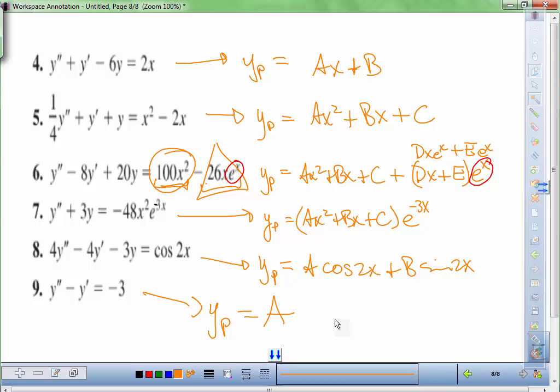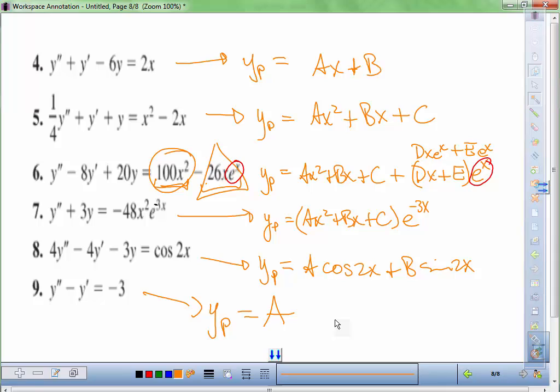We guessed what it is, and we went through the work to guess what it is. But if you just replace it with just one constant and go through the work, you'll be solving for this A like we would have in the first place. Okay?